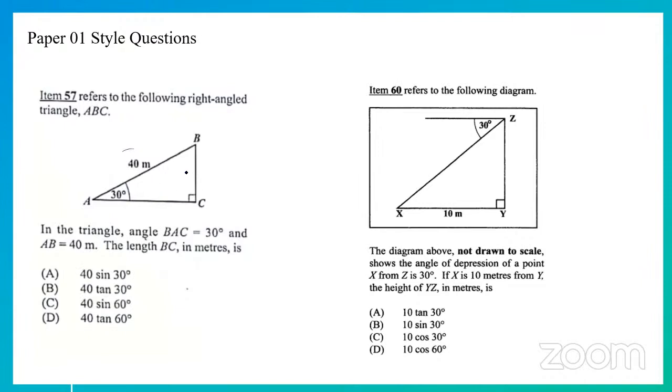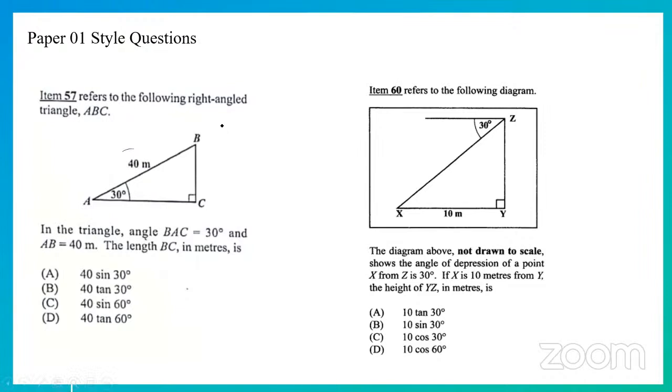So BC is our line right here, and we are told that AB is 40 and our angle is right here at A. So first of all, as you can tell already, this is a question about trig ratios. You would want to identify the sides that are there and the sides that are in question. So you know the hypotenuse, which is AB, and you're being asked to find the length of the opposite side, which is BC.